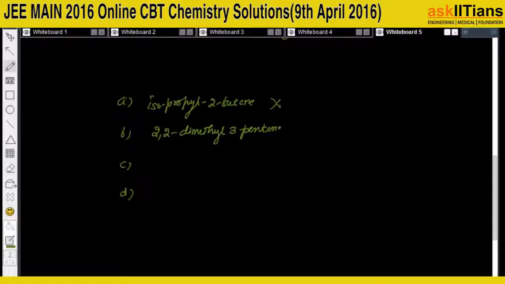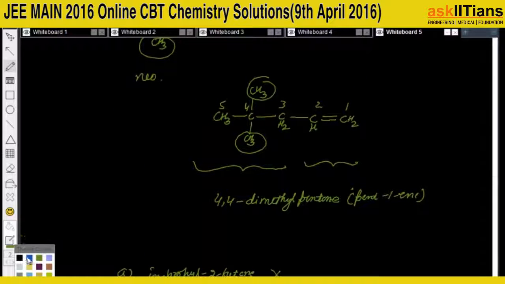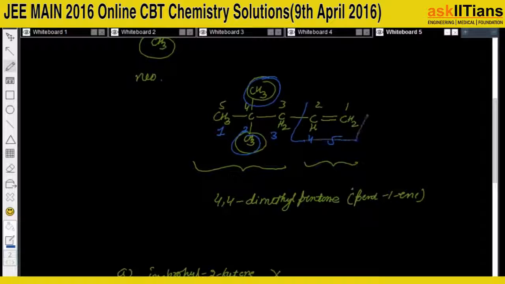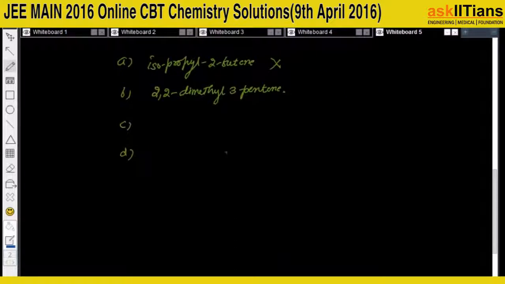Why is this a wrong option? Because numbering from here 1, 2, 3, 4, 5, I cannot number this at the second position, because the numbering should be given to the highest priority group, which is nothing but the double bond here. So this is also not the correct option.